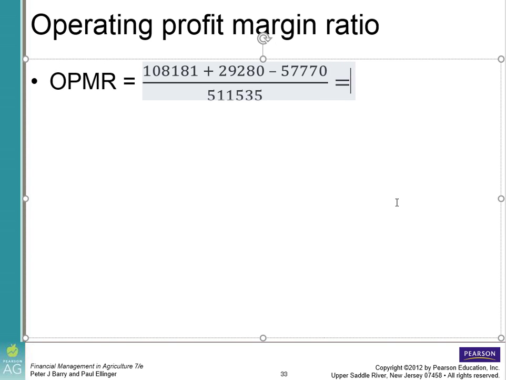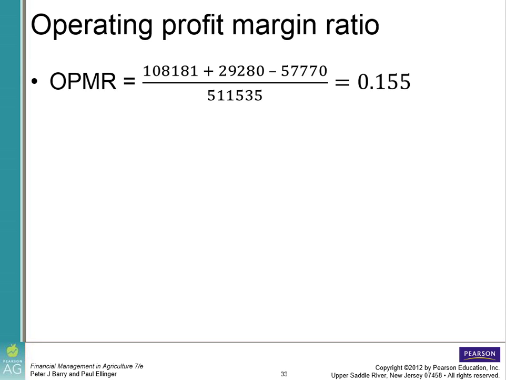Okay, and this is pretty much all there is to it. So this is 0.155, and that is your operating profit margin ratio. Okay, so that concludes this example. Again, there are going to be homework problems and other problems for more practice.